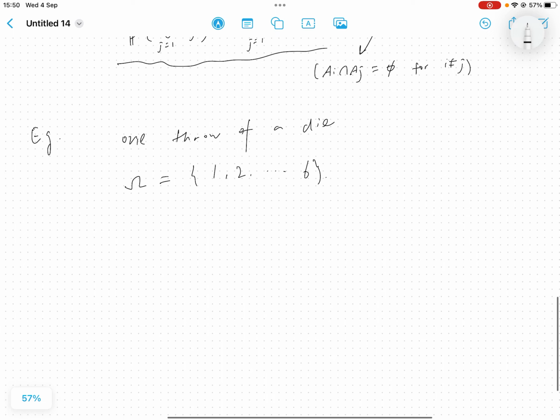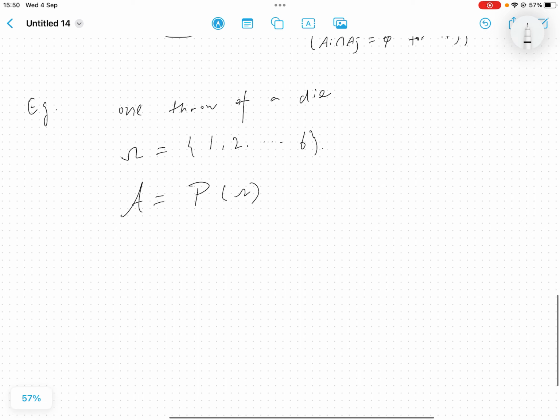Six faces of a die. This curly A will be the power set of omega, as in the definition we mentioned. This P is a map from A to [0, 1].